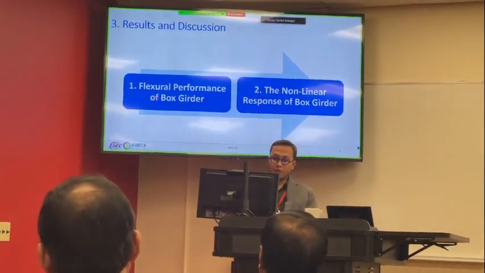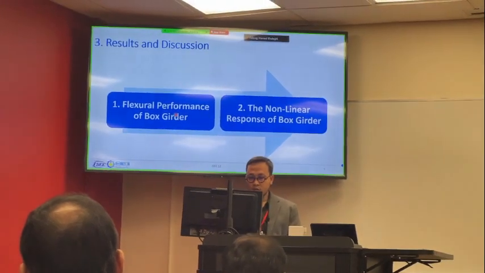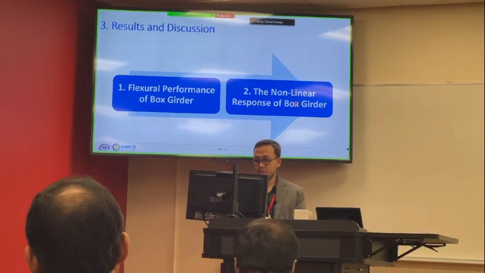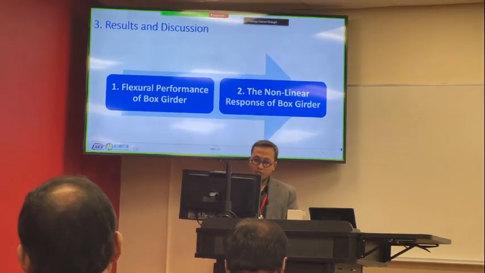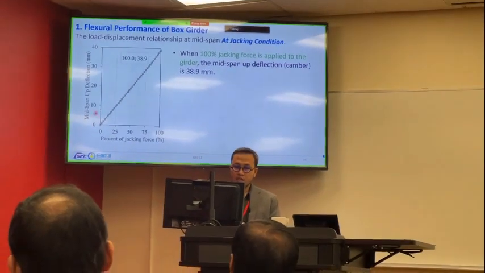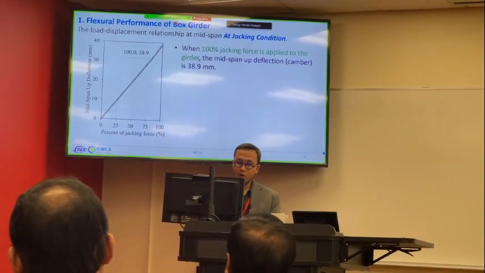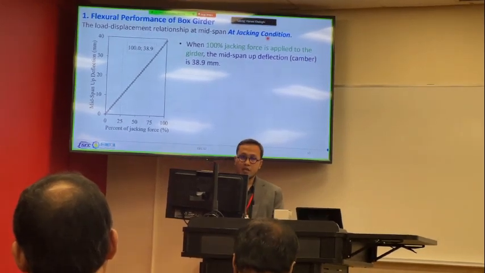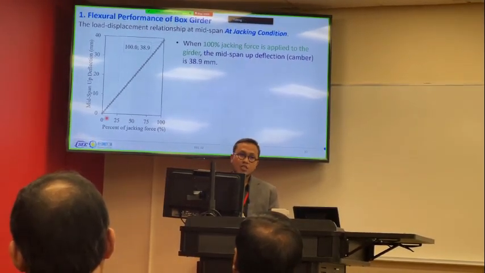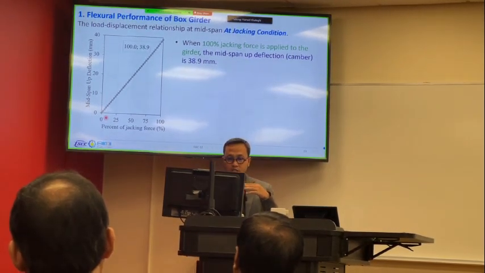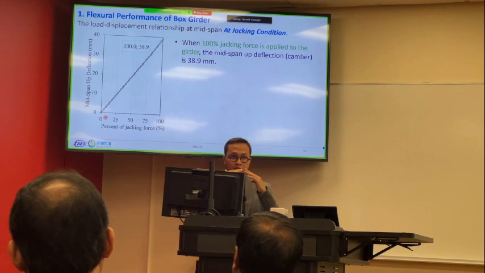And in the results, we are focused on two things. The first is the flexural performance, and the second is the nonlinear response in the deviator and the end segment. It is the flexural performance of the box girder regarding the load-displacement relationship at mid-span at jacking condition. If we apply the force in the tendon, the girder will deflect in an upward direction.